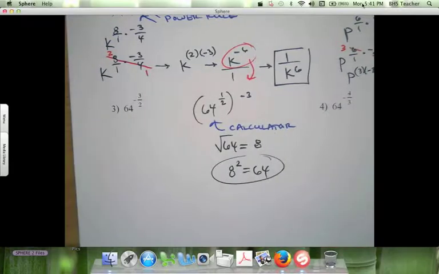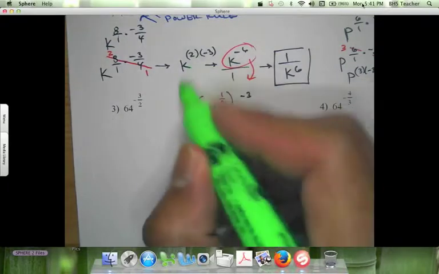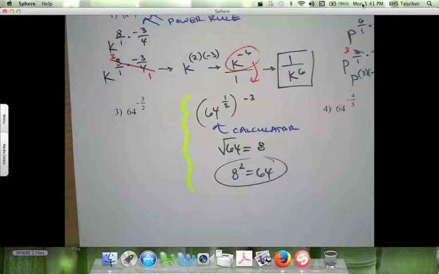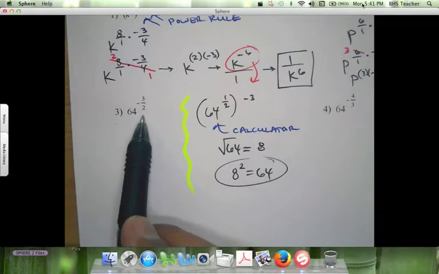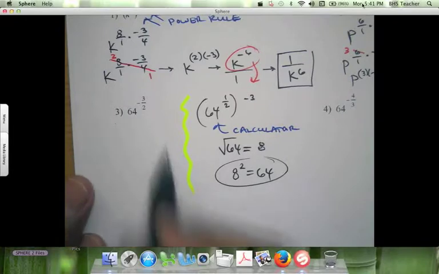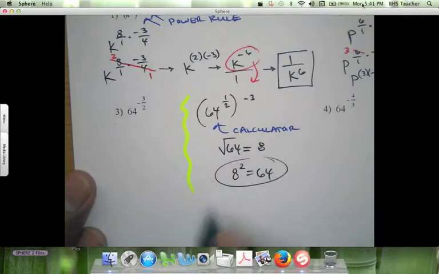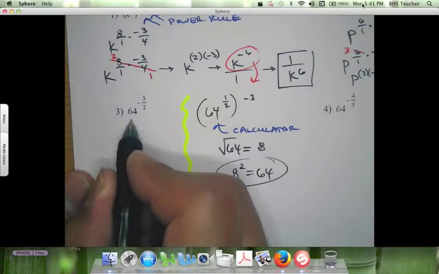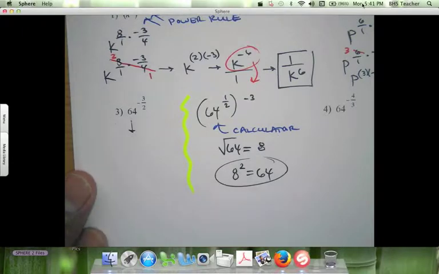Because we want to use rational exponents. Again, I don't want to just have your calculators do this work for you. So this 64 changes to 8 squared. See, you want to work with exponents.